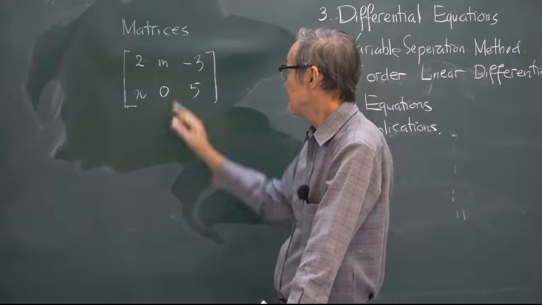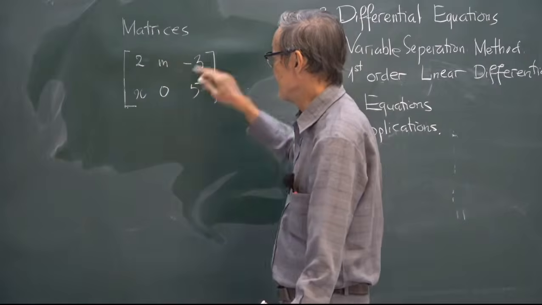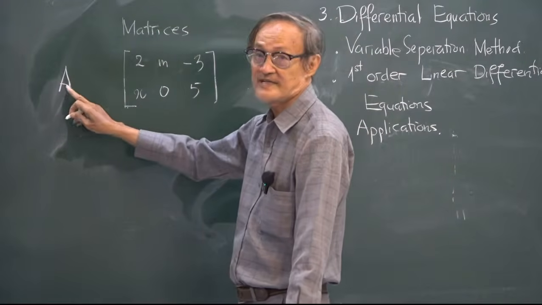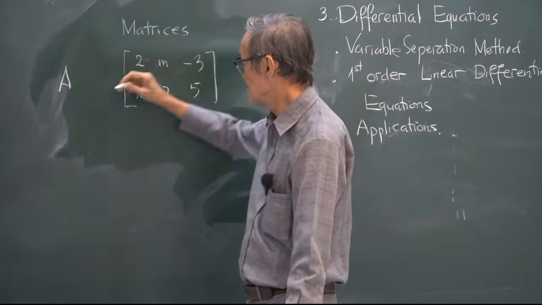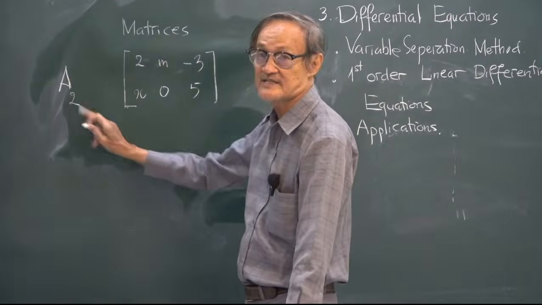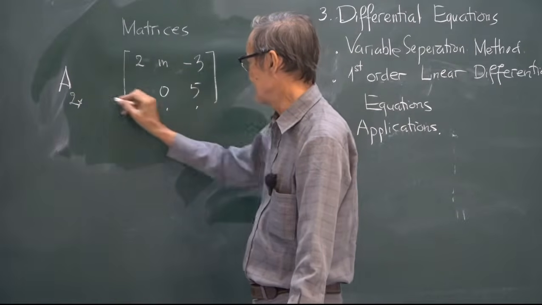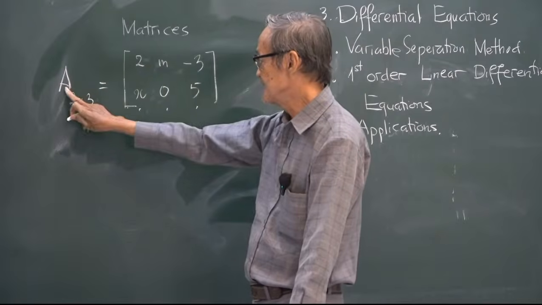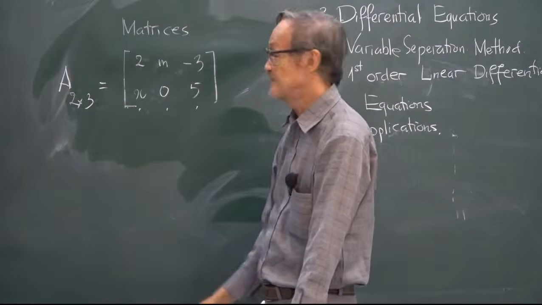Okay? It's an array. And we denote capital A, number of rows 2 times number of columns 3. Capital A, 2 rows times 3 columns.